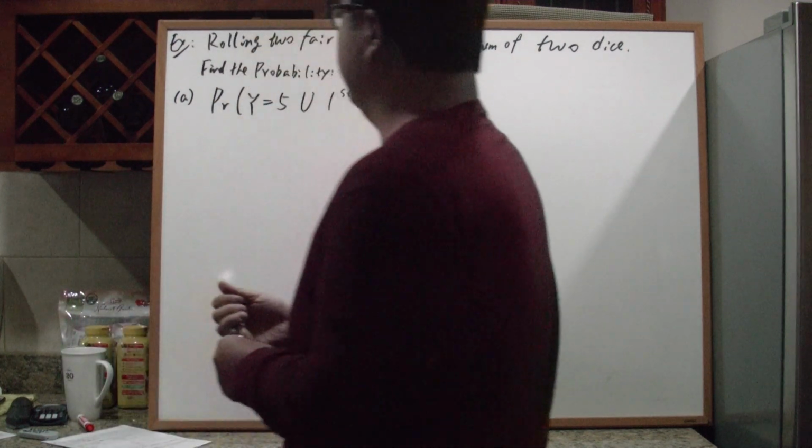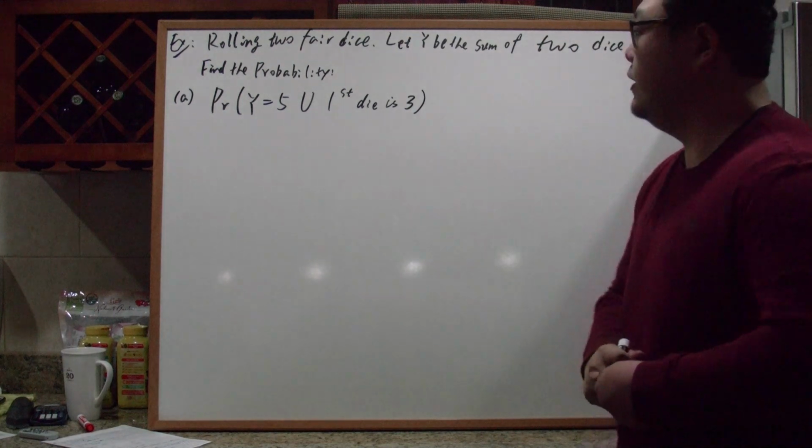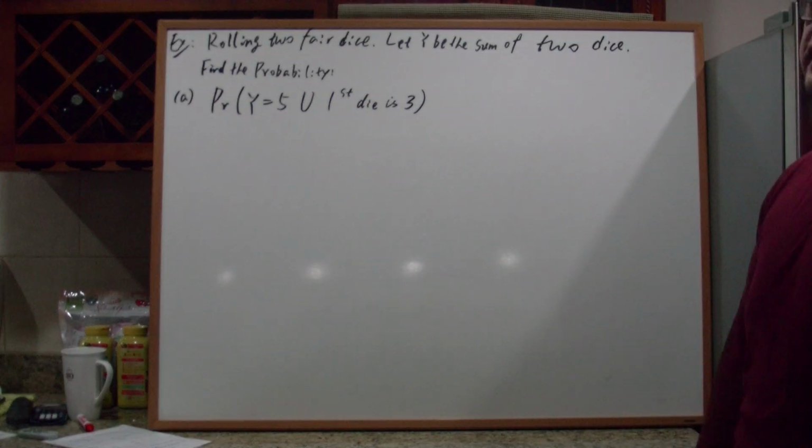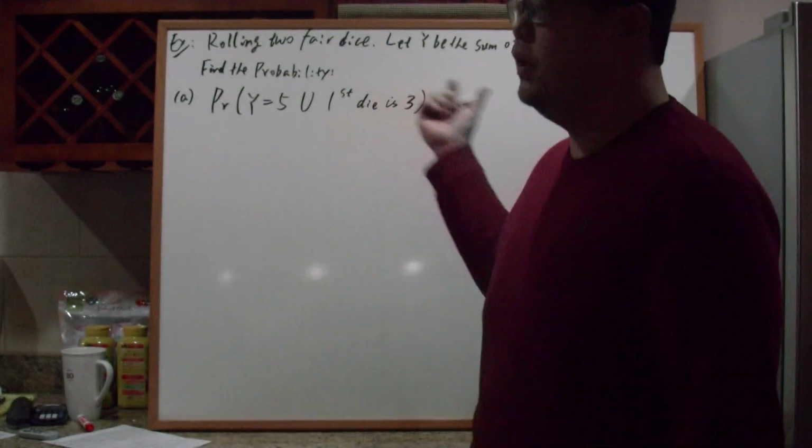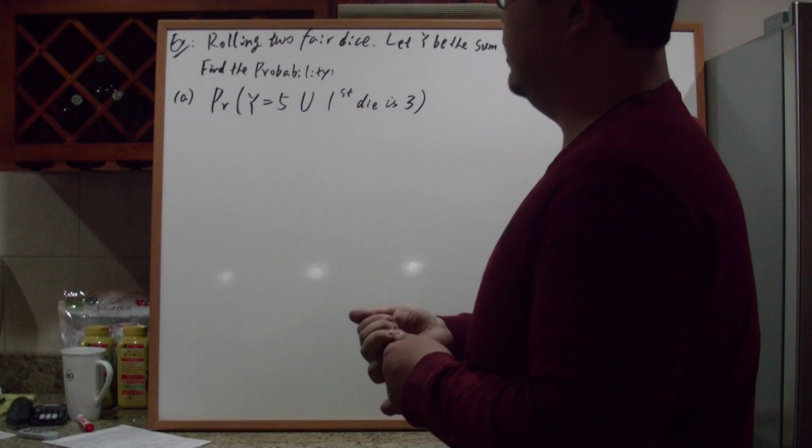I'll find the probability that the sum is 5 or the first die is 3. Based on the formula, we need to use the addition rule for this union.